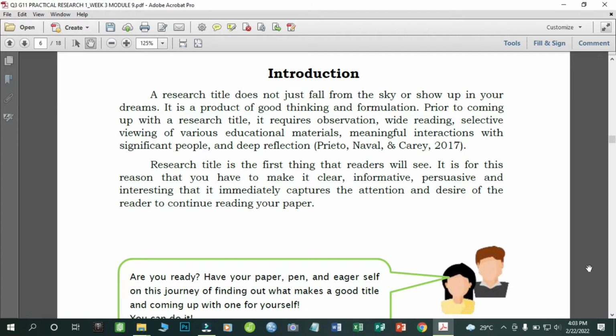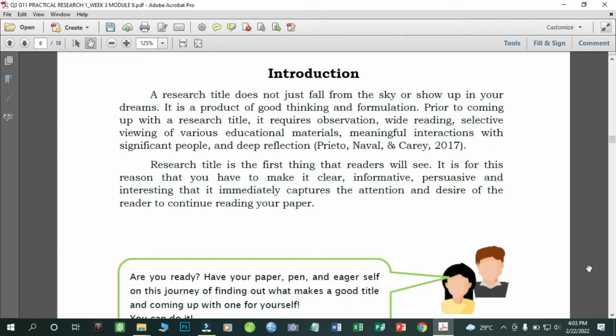Because if you scan research articles online, you can see there are a lot of references. It means that when they made that research, they read all those references. That is how you're going to do it as a researcher. So you must have wide reading.